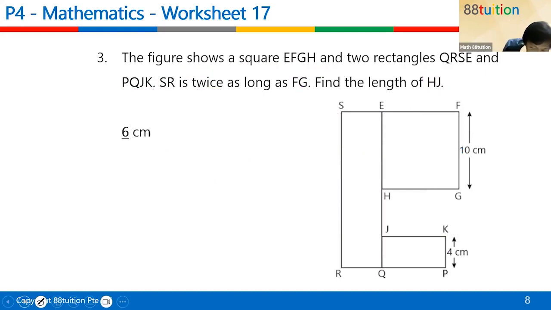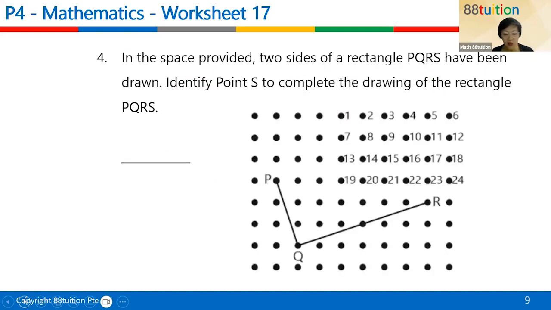So question number 4. In the squares provided there are 2 sides of the rectangle, the length there. So you see, you can see that this length here, here. You see or not? Do you see what I draw here? It is like a right angle triangle.